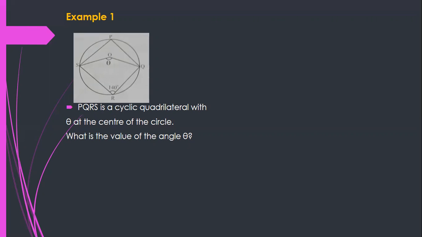Why is it so? The Circle Theorem says that opposite angles of a cyclic quadrilateral are supplementary. When we have two angles together and they equal 180 degrees, we call such angles supplementary angles.